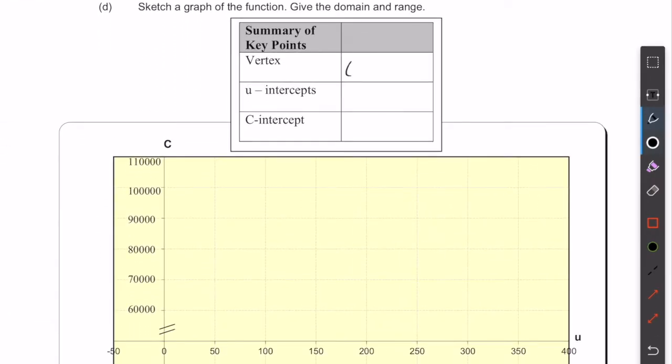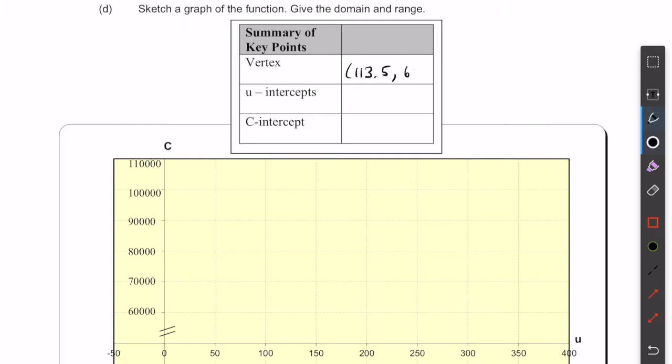So your vertex is 113.5 for the U and 62,305.77 for the cost. And that's the minimum. So I got to get this 62,000 number on my graph at the bottom, at the minimum.